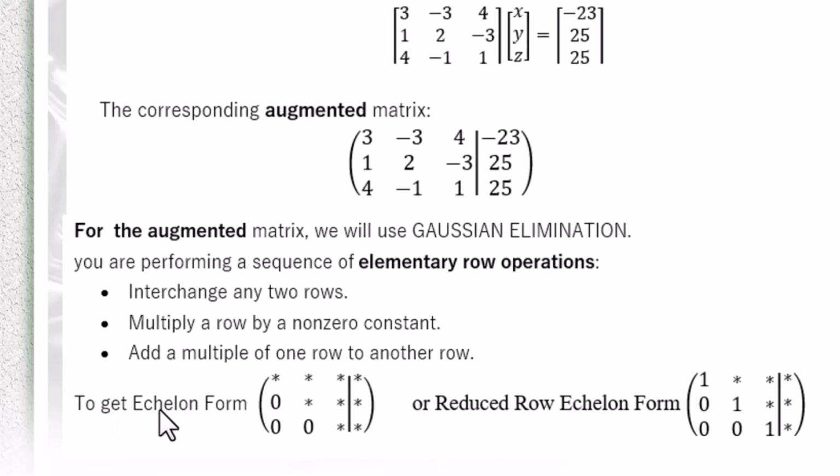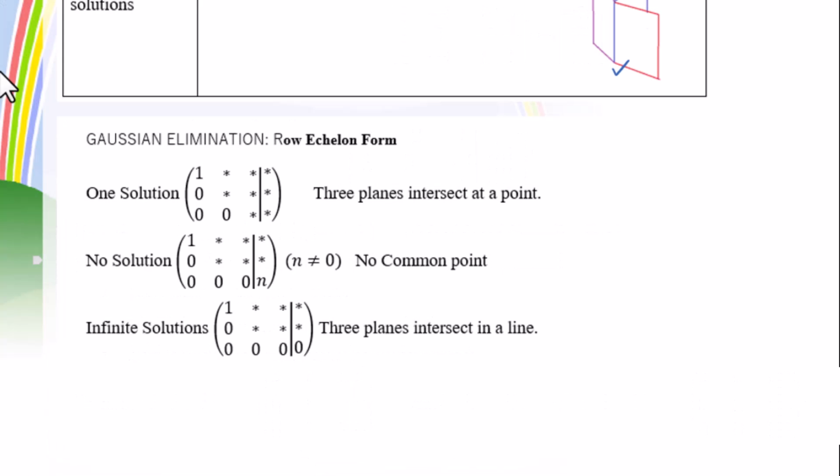Then you can get echelon form like this, or reduced row echelon form like this. In this way, you can figure out the solution to this system of equations.